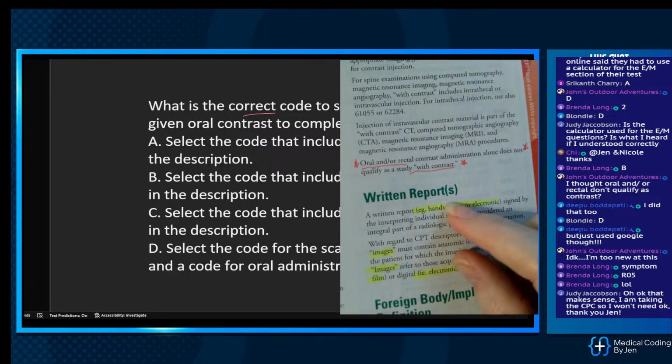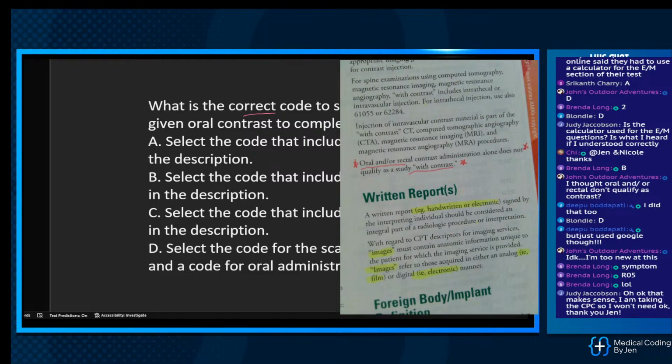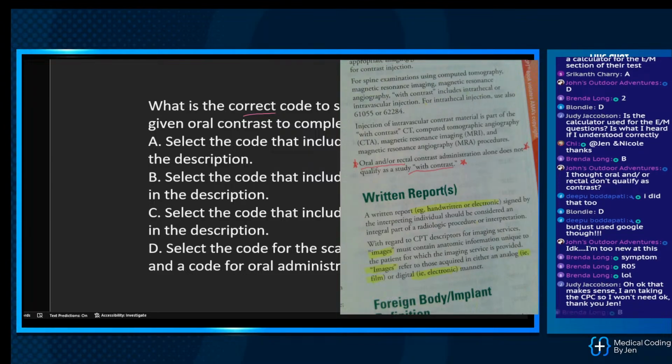Yeah, Jody, you'll be just fine. You don't need to worry about using one of those calculators. It does not qualify for contrast. You're correct, Johns. So what is the correct code for this patient?